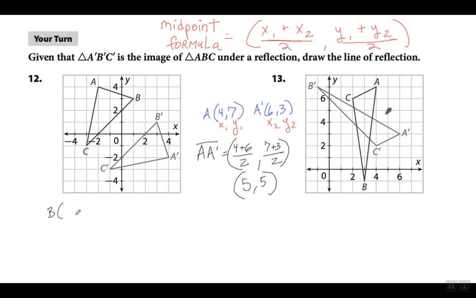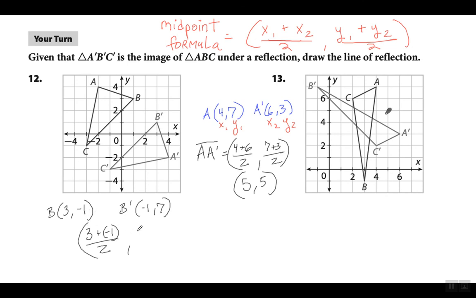B is located at positive 3, negative 1. Positive 3, negative 1. And B prime is located at negative 1, positive 7. Negative 1, positive 7. All right? Okay, so to get the midpoint, I'm going to add 3 plus negative 1, divided by 2.